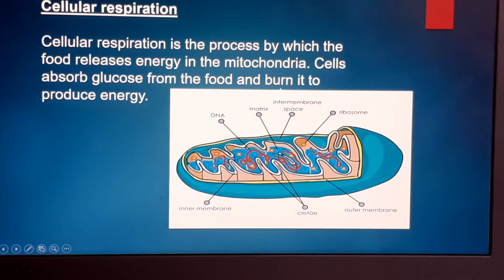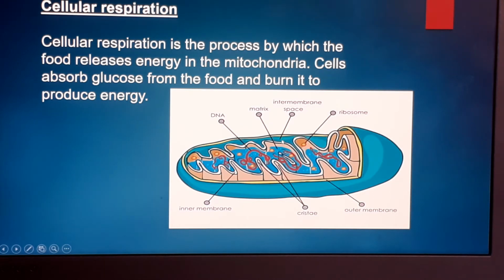See here, this is the mitochondria. It is also a double membrane only. This is the outer membrane and this is the inner membrane. The inner membrane is again folded internally. These folds are called cristae. Then we have ribosomes inside it.